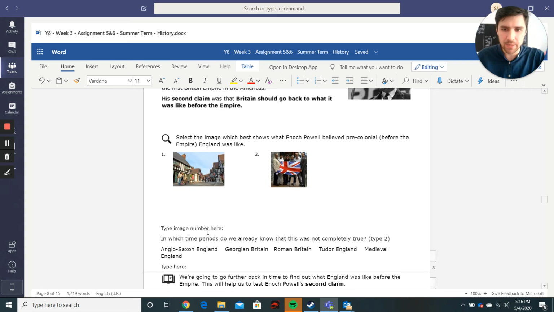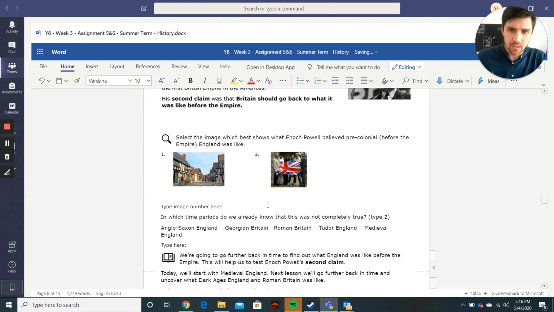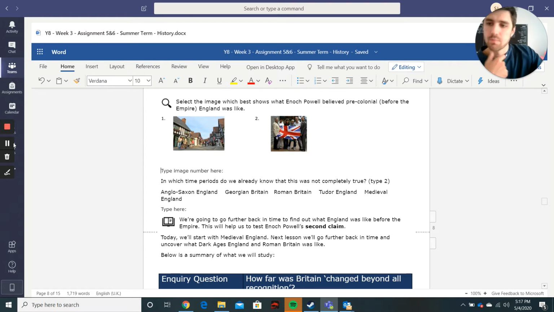So select the image where it says type image number underneath that you think best shows Enoch Powell's England before the Empire. Should only take you a minute, if that. Pause the video here, do that now. Okay, hopefully you've worked this out, but just to double check, the correct answer is 1. So where it says type image number here, you should have typed 1 here.